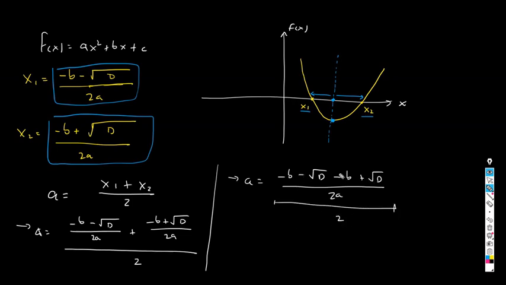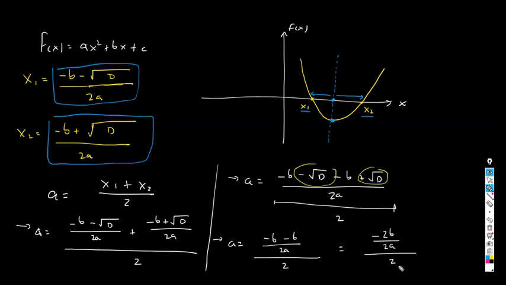So how can we simplify this fraction? We have minus the square root of d and plus the square root of d. So basically we have this minus b over 2a, because this one and this one got cancelled. They add up to 0. So we have this over 2. Let's continue. Minus b, we have minus 2b over 2a.